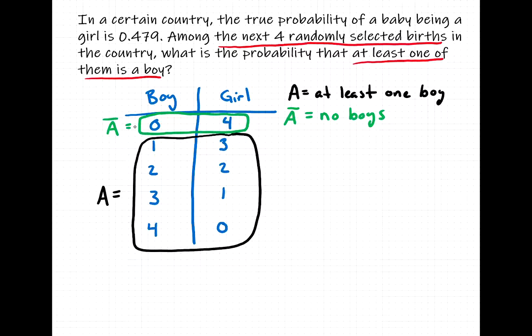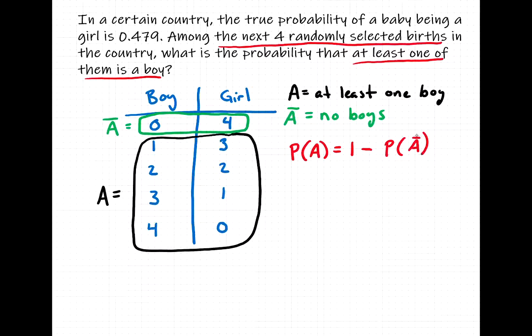Since there are many different ways that at least 1 boy could happen, but only one way that the complement, no boys, could happen, we could use the complements rule of probability, which says the probability of something happening is always equal to 1 minus the probability of that thing not happening.